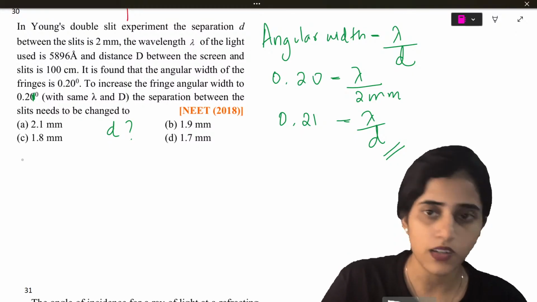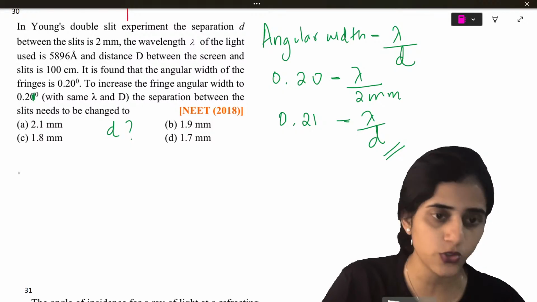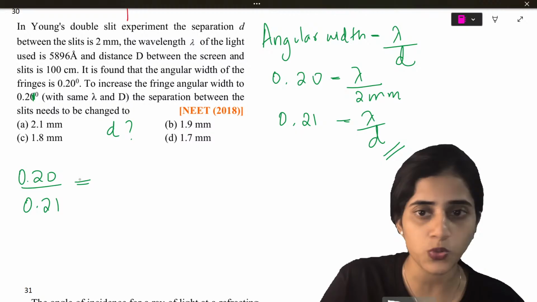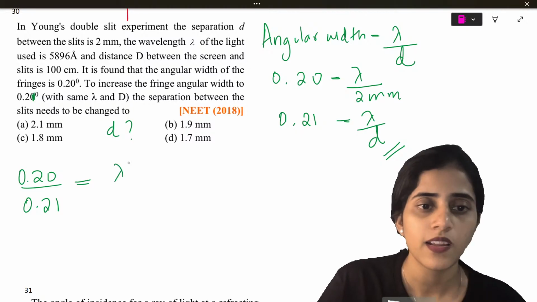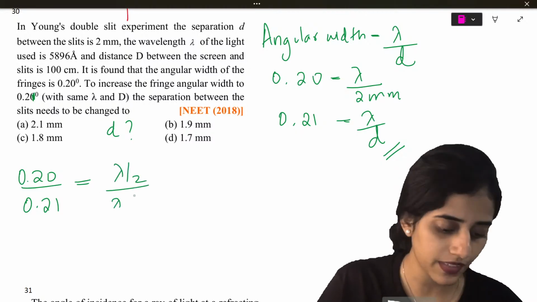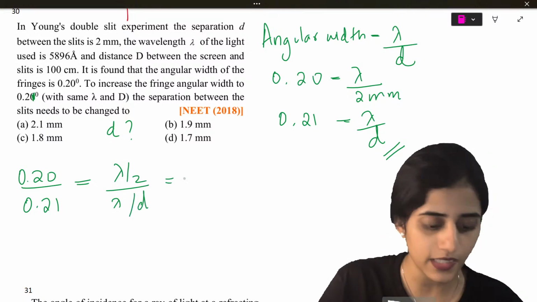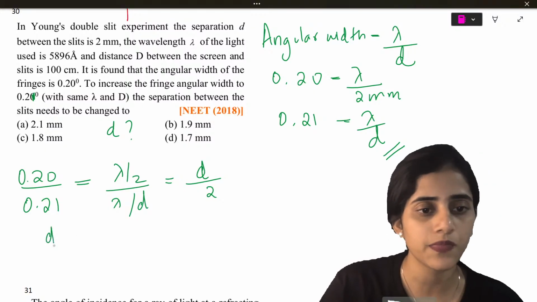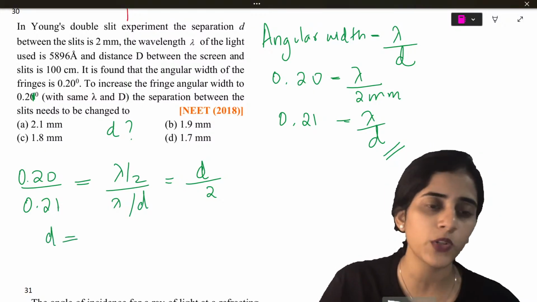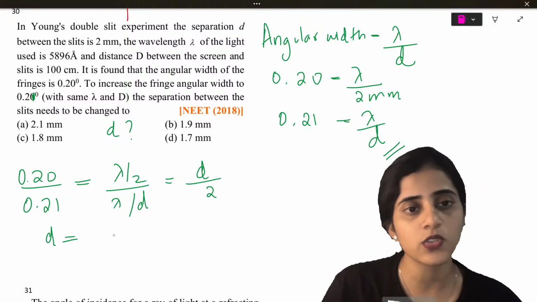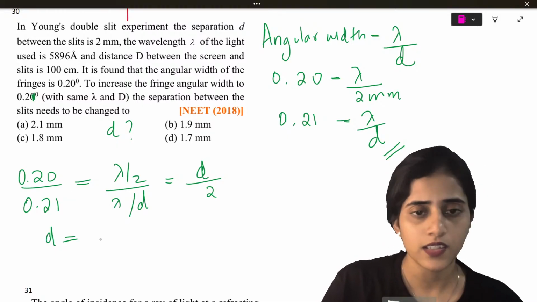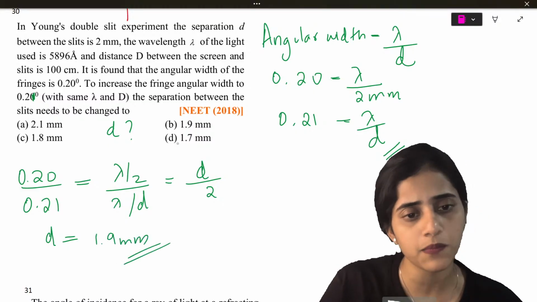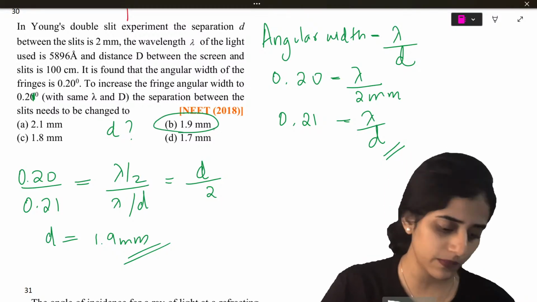So let's just take the ratio of these two. 0.20 by 0.21 is going to be equal to lambda by 2 divided by lambda by d, which is d by 2. So d would be equal to, do the math, 0.2 by 0.21 into 2, somewhere around 1.9 mm.